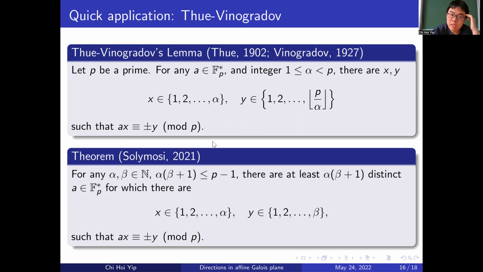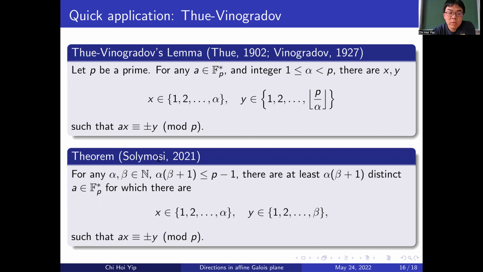We can easily convert this problem into the formulation of directions, because basically we are trying to see what the possible values of x over y and minus x over y are, and they are exactly the directions determined by this kind of Cartesian product.